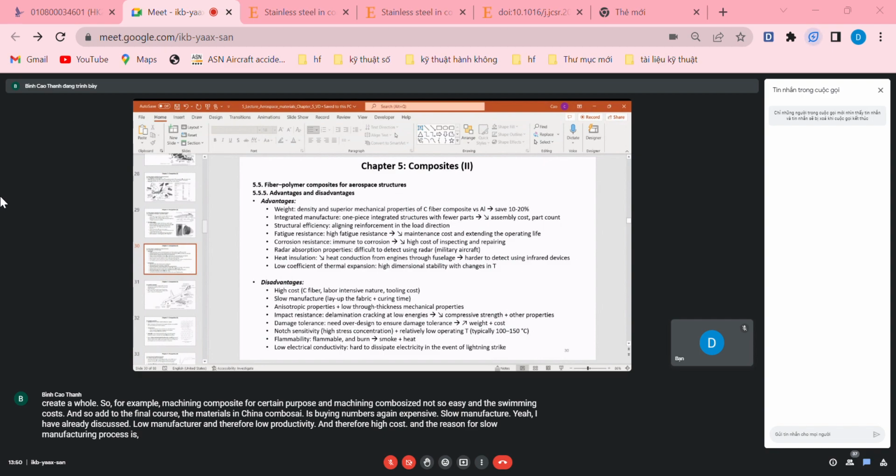The reason for the slow manufacturing process is you have to lay up the fabric. You need to consider the time for the curing process in an autoclave, for example. This prolongs the process, and that's why we can say that fabricating composite is slow.